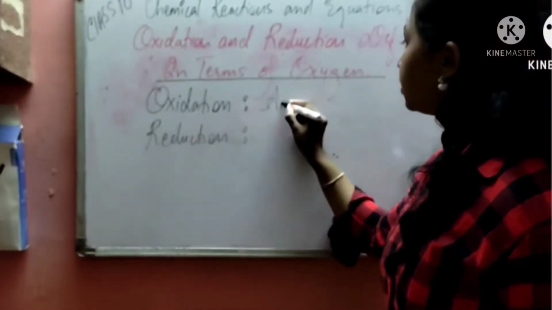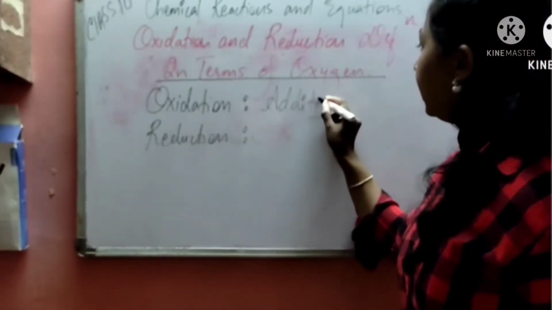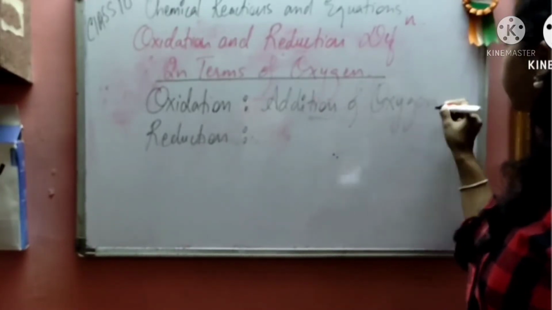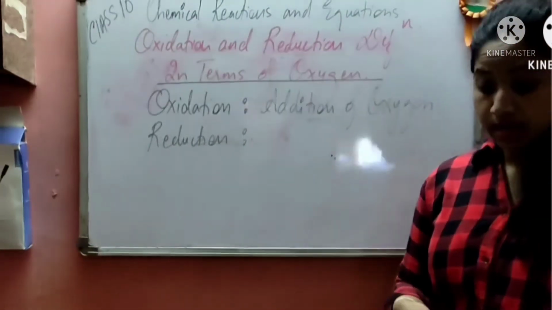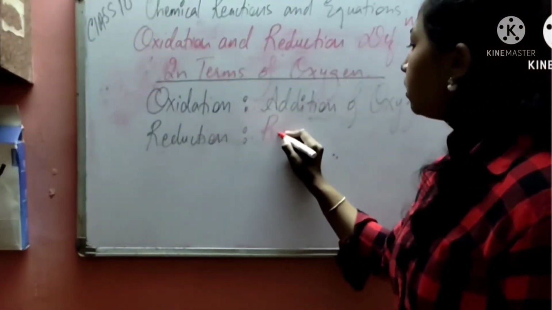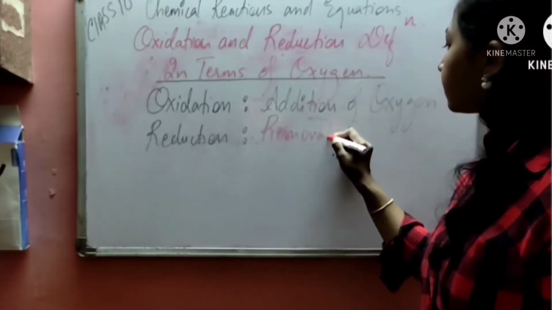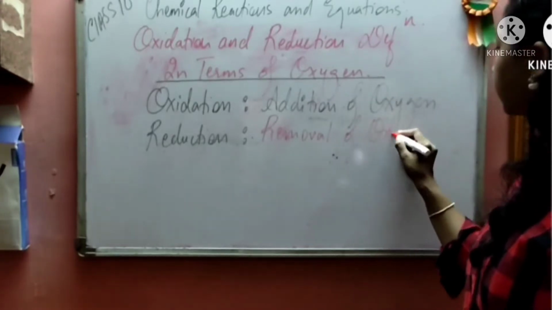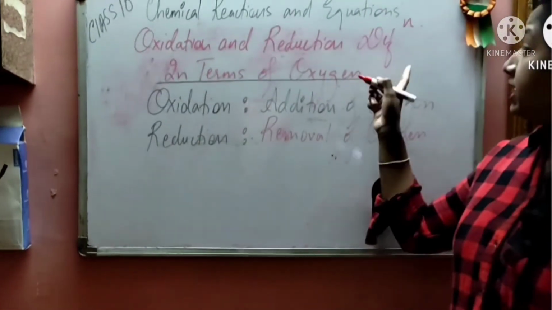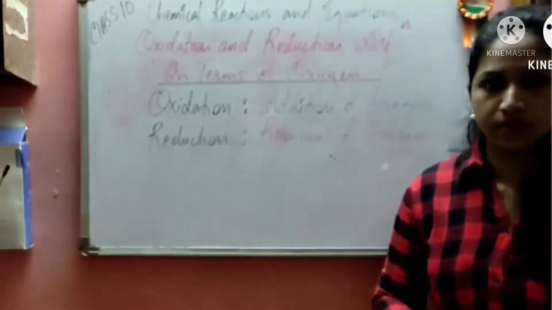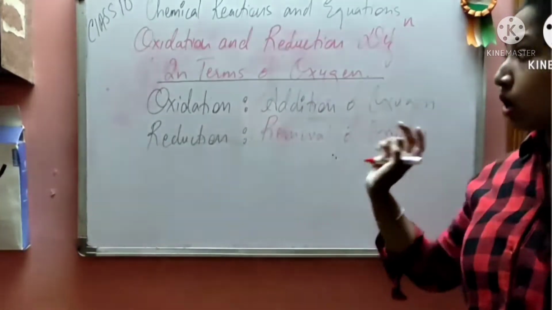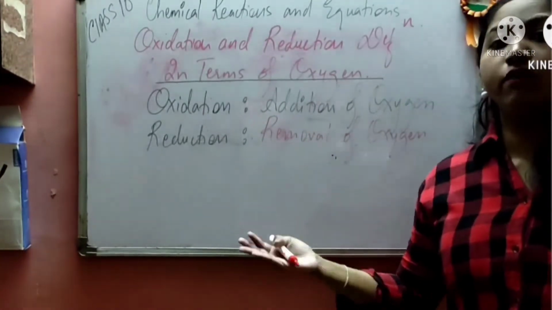And reduction is removal of oxygen. Oxidation and reduction in terms of oxygen: oxidation is addition of oxygen, reduction is removal of oxygen.